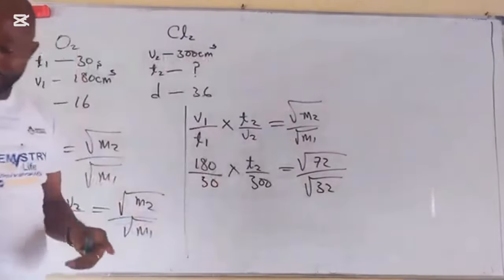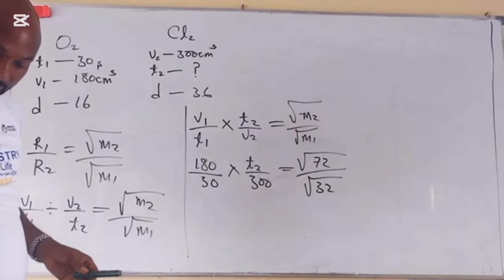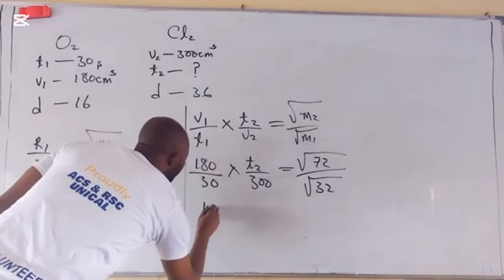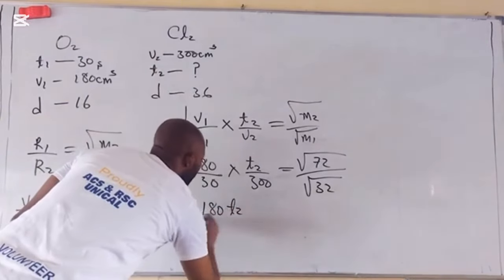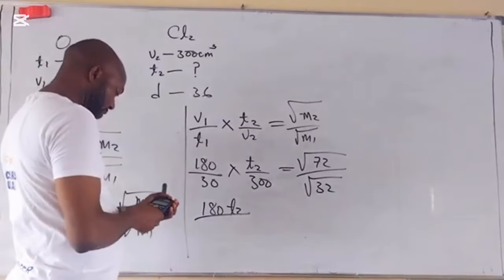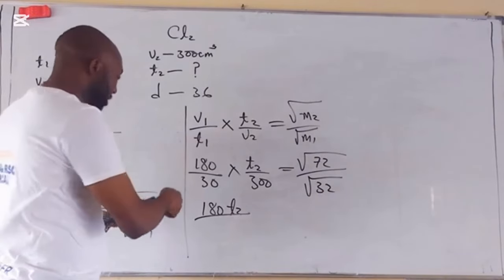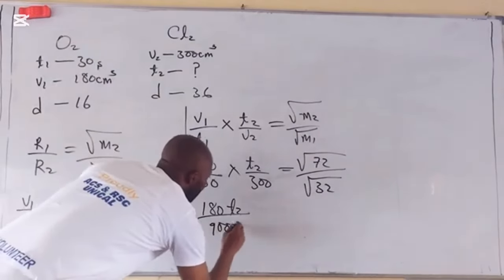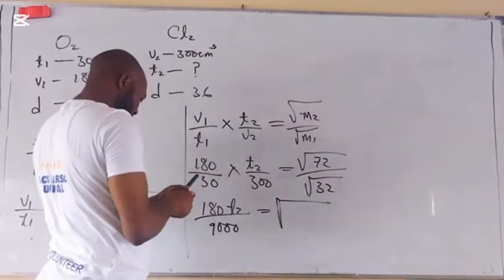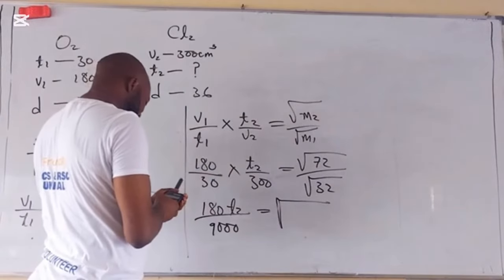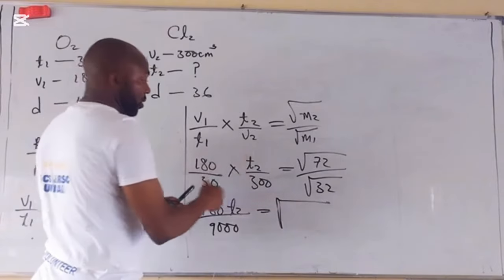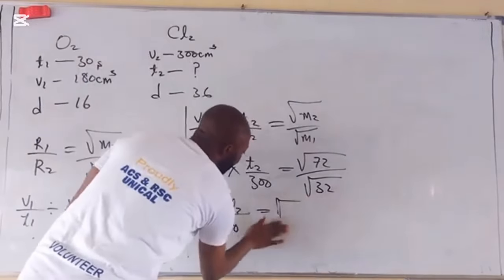Yes. So I have 180 T2 all over 30 times 300, which is 9,000, equal to the root of 72 over the root of 32. I'm not going to break it down; I have to leave it the way it is.